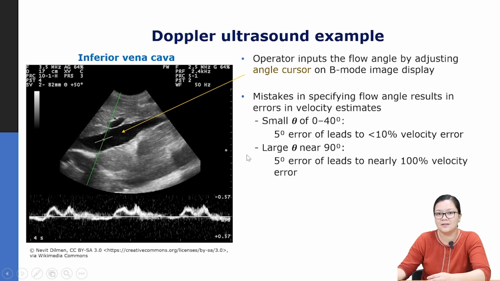But if you're looking at larger angles, nearing 90 degrees, any 5-degree error can lead to almost 100% error in the estimates of velocity. So one needs to really take into account how they're placing this angle cursor in the Doppler image.